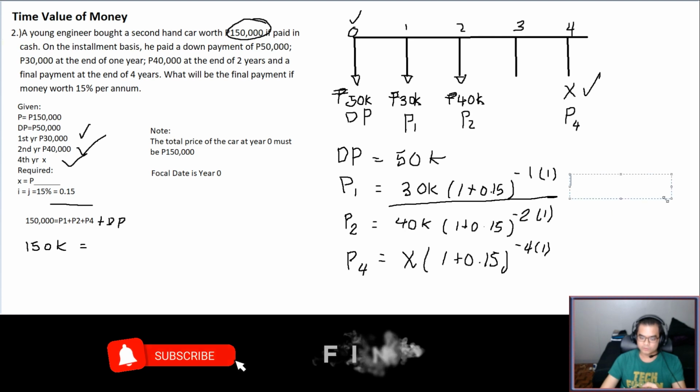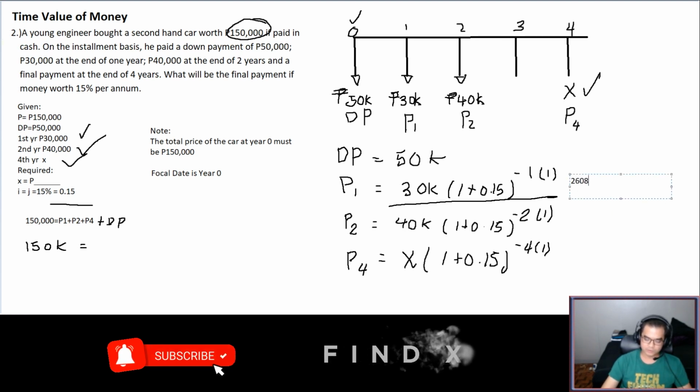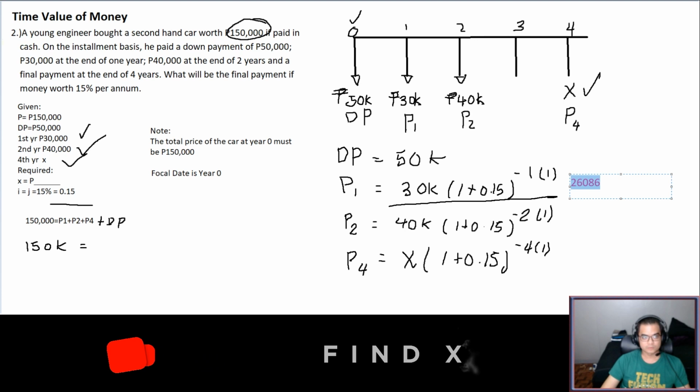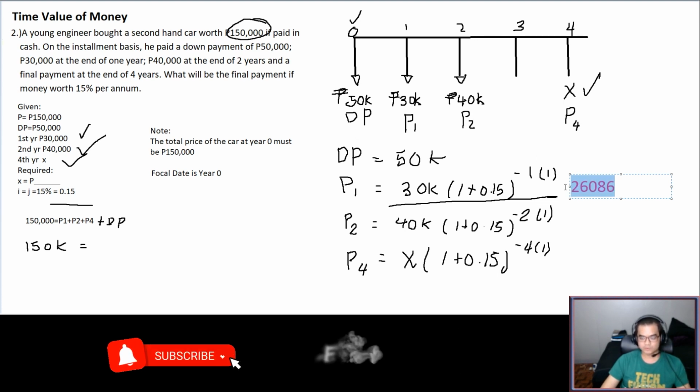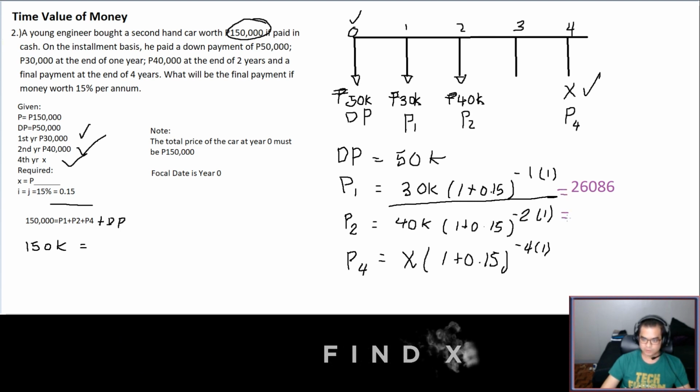okay. So this one is equal to 26086. Let's just try to change the color. That's 26086. Let's put all the equals here. Equal, equal. You cannot do anything here.